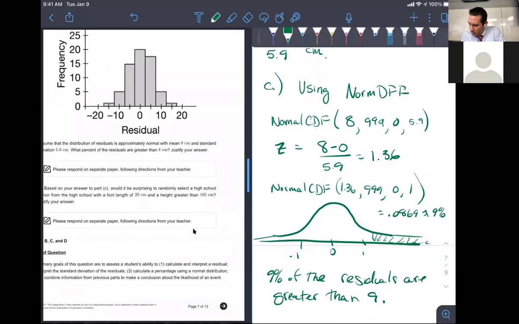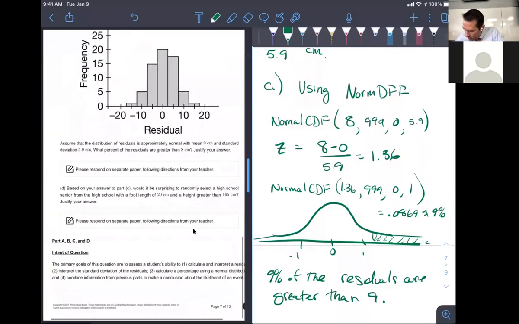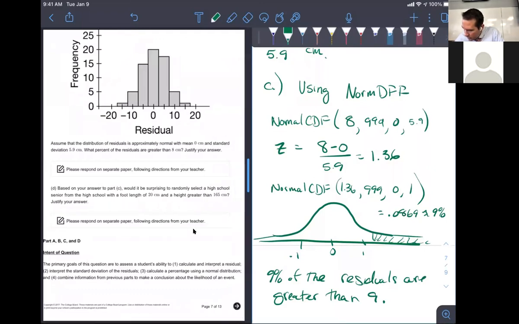And then part D, based on your answer to part C, would it be surprising to randomly select a high school senior from the high school with a foot length of 20 centimeters and a height greater than 165? Justify your answer.